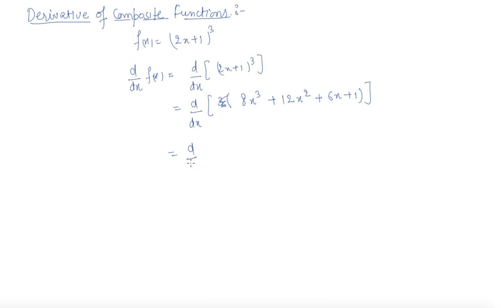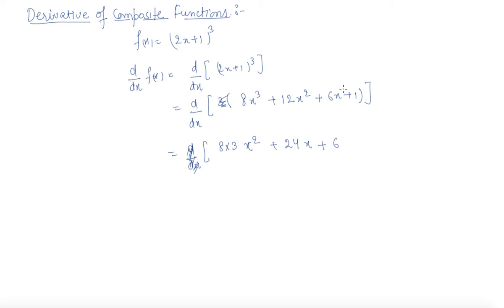Now if I apply d by dx, 8 into 3, the power comes forward, so 24, and the power is decreased by 1, so x square. Next, 12 into 2 is 24, power decreased by 1.